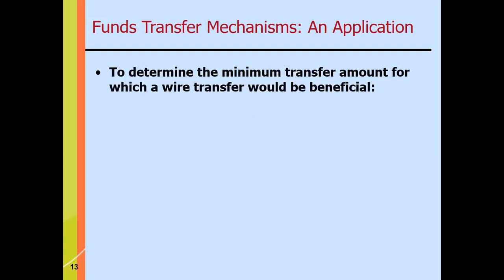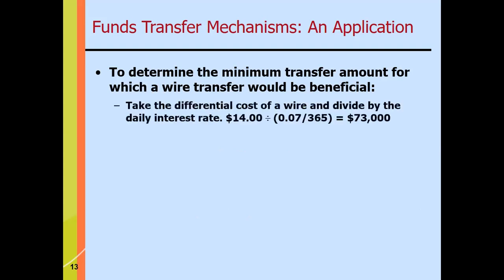All right. And then to determine the minimum transfer amount for which a wire transfer would be beneficial, we take the differential cost of a wire and divide by the daily interest rate. So that's $14, the net or differential cost.